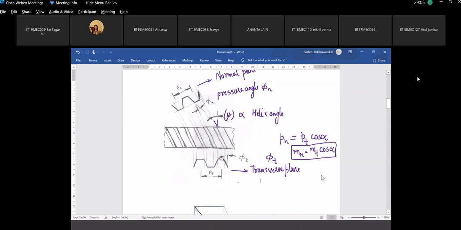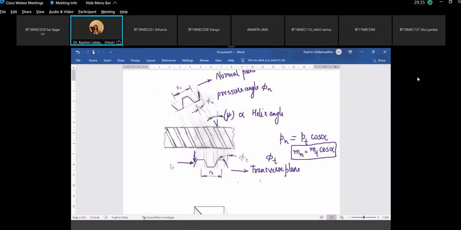Now if I talk about the forces coming on it, now this is as good as a spur gear, and on a tooth, what is this force and what is this force? We call this as, what we did just now in the spur gear, what is the force along the radial direction? What is the force perpendicular to the surface?